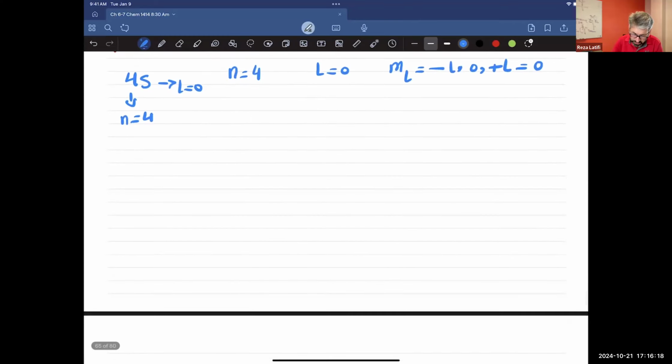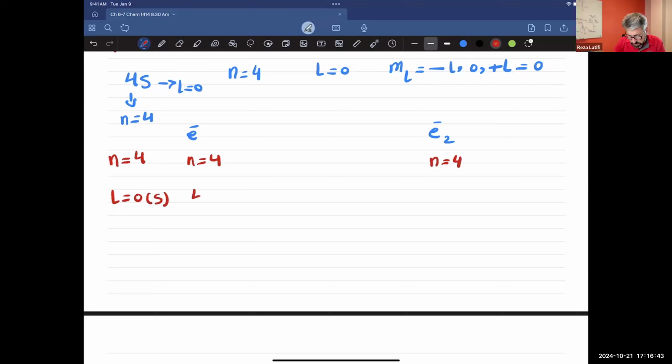Now let's go after two electrons. First electron, and the second electron. It says you can have the same n for them. So I'm going to put them in 4 layers far from the nucleus. So n equal to 4, n equal to 4. Next, we're going to put them inside L equal to 0, that means s orbital.